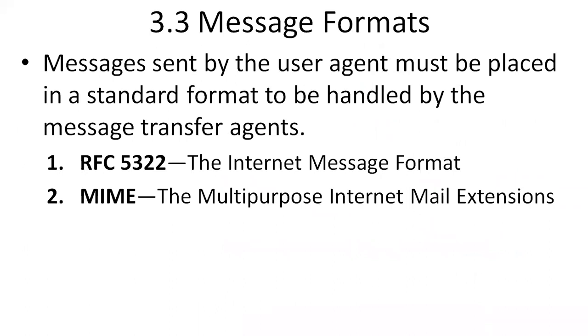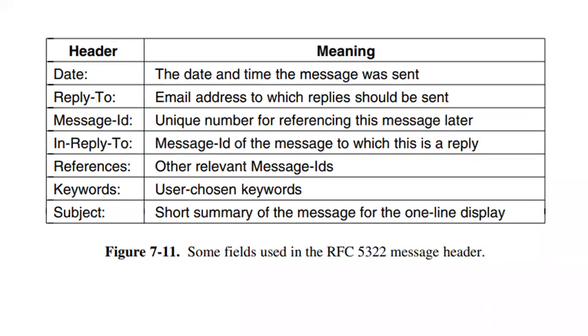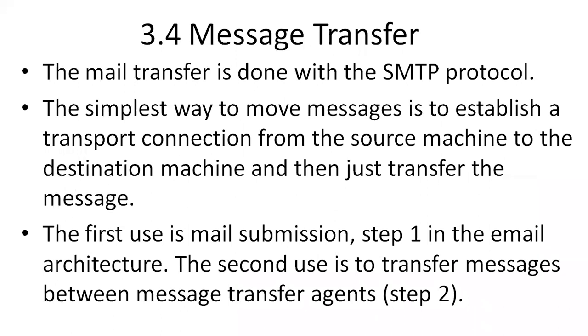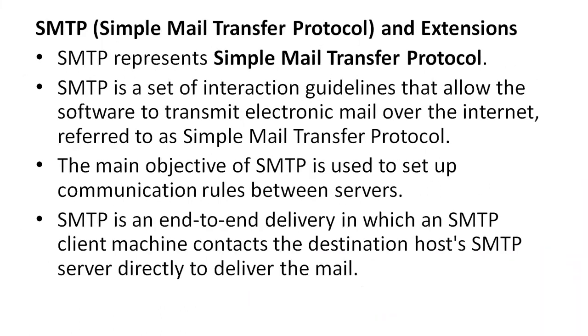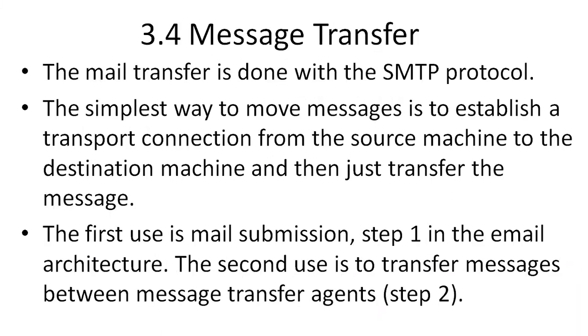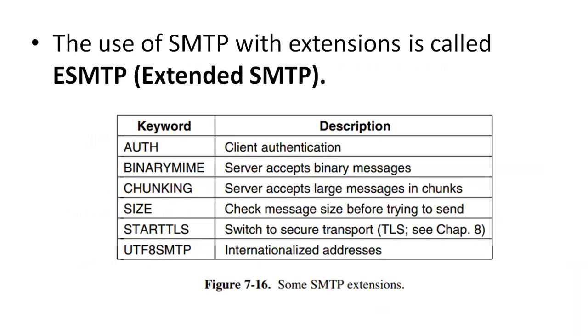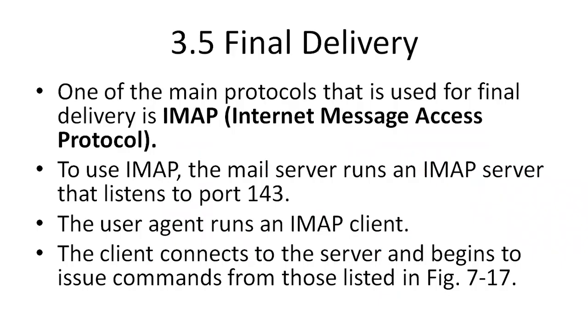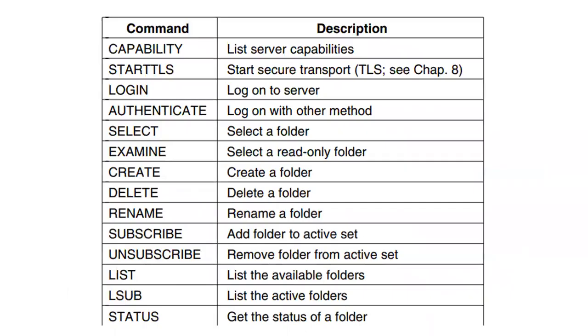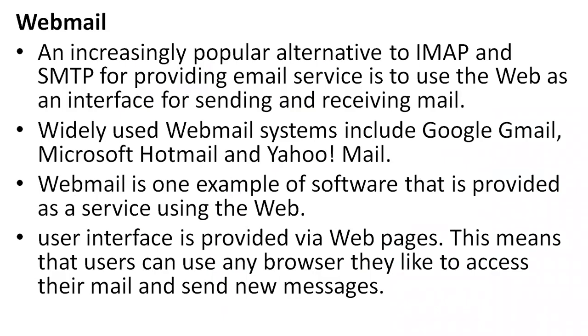We have two types of formats, and message transfer, which goes with SMTP, and finally delivery, which is IMAP. So apart from SMTP and IMAP, we can go for web mails. So these are the complete concepts of electronic mail, and that's the end of unit 5.